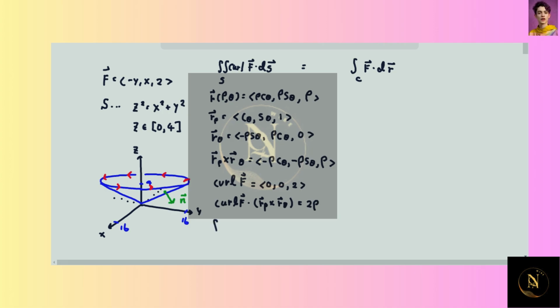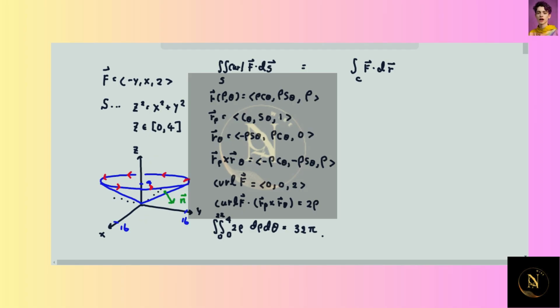So the expression that we're going to evaluate is 2 rho, where the limit of integration is theta changes from 0 to 2 pi, it's 1 revolution. Rho changes from 0 to 4, because that's the value of z, and d rho d theta. It's a very simple calculation. You can see that this will end up being 32 pi.